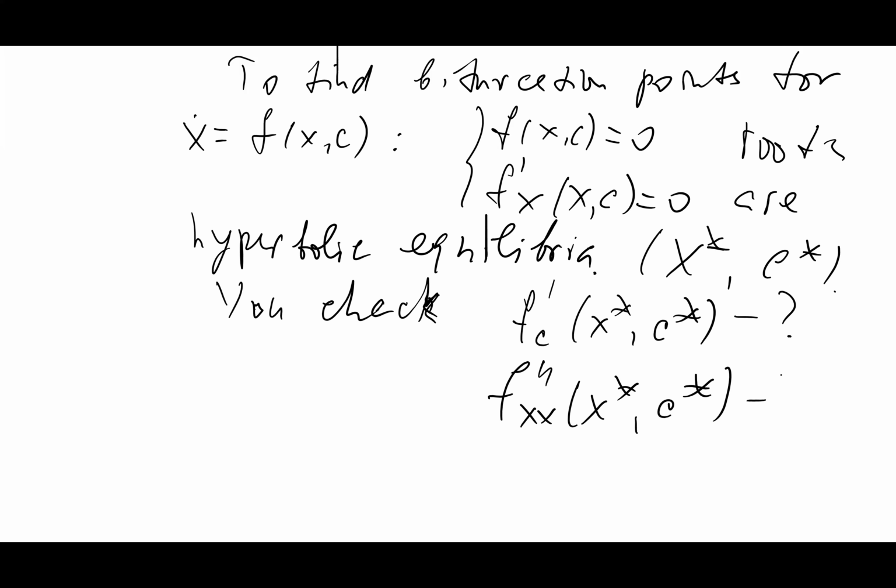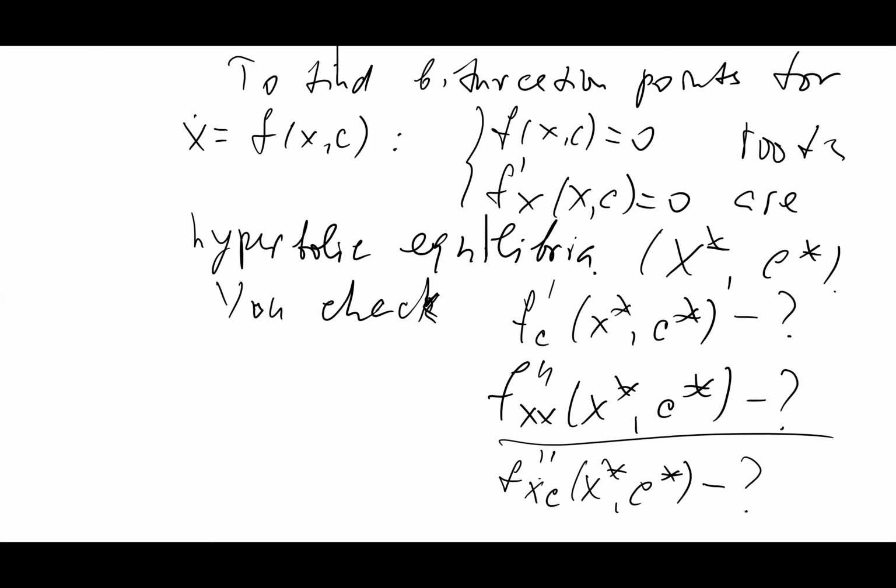And if they are both non-zero, then we have a fold bifurcation. If the first one is 0, then you will check this second derivative at x star, c star. And if this is non-zero, well, you just compare with the conditions for all three bifurcations, and so on.